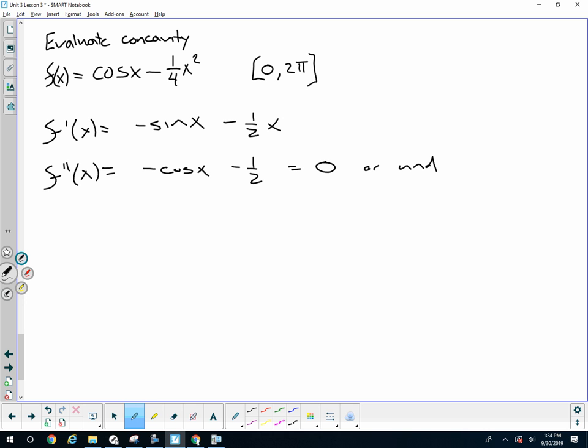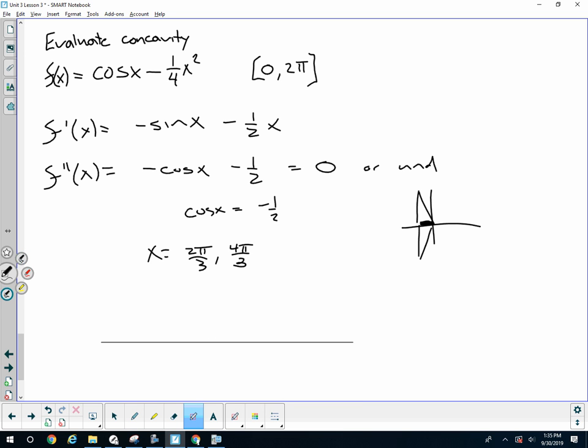We need to be able to solve this equation. I'd add a half, and multiply by -1 or divide by -1 to get cos x equals -1/2. I am thinking about when my horizontal is -1/2. That's going to be at the pi/3s in the second and the third quadrants. So x is 2 pi/3 and 4 pi/3, leaving it there.